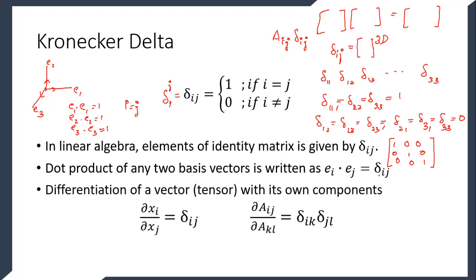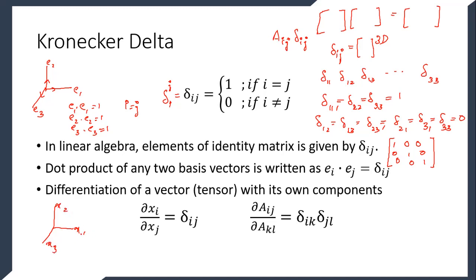The next is that differentiation of a vector or a tensor with its own components can also be denoted using the delta ij symbol. Suppose we have an equation x = a1 x1 + a2 x2 + a3 x3, in a three-dimensional space with dimensions x1, x2 and x3.